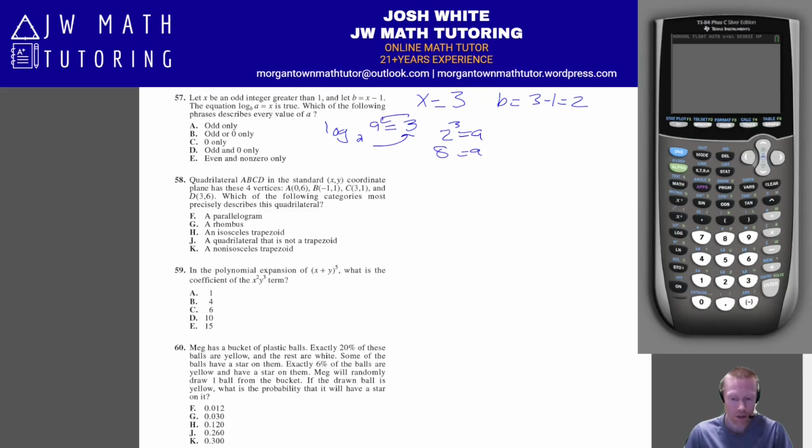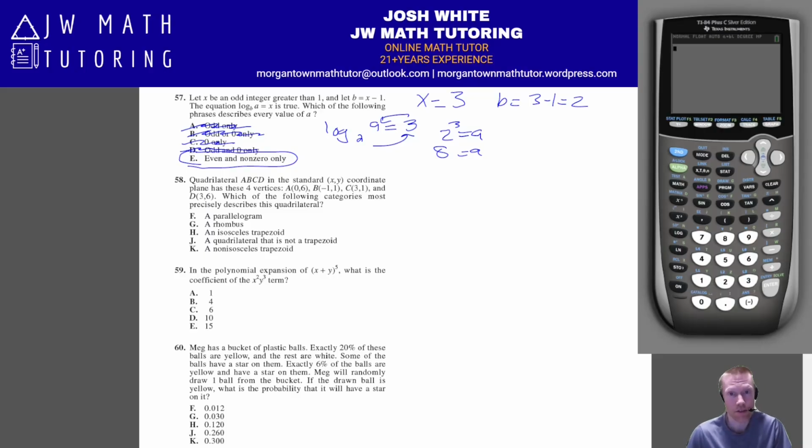So now when you look at our answer choices, we can eliminate A because 8 is not odd. We can eliminate B, C, and D. And just by process of elimination, we are down to E right here.